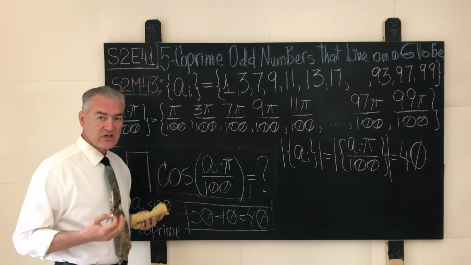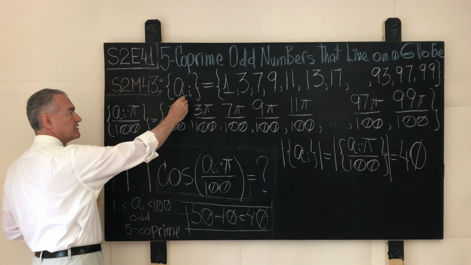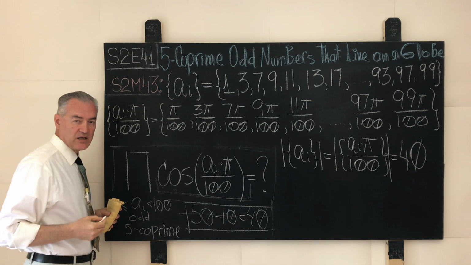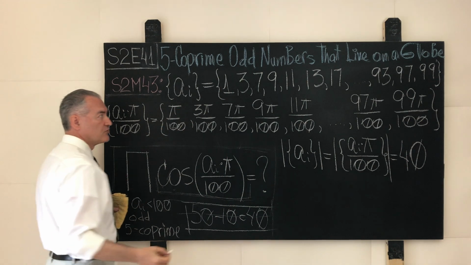In order to generate that clarity, it pays to write down the set of the numbers a_i that are given in this problem explicitly, and I wrote down that set for you over here.